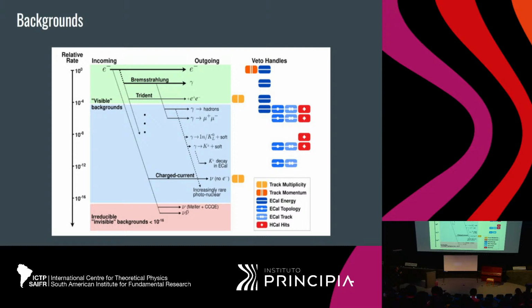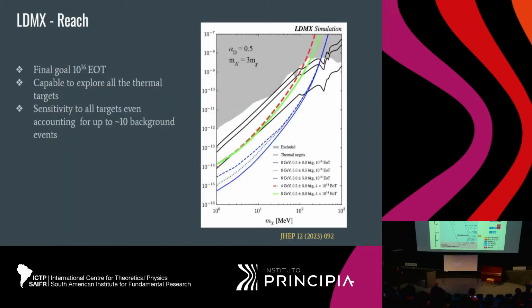They stop at 10 to the 16 also because they expect neutrino processes at that point are irreducible, where you produce a neutrino and you have no way to distinguish it, so again another neutrino floor for an accelerator experiment. So you can see that 10 to the 16 is enough to have a reasonable reach for this experiment.